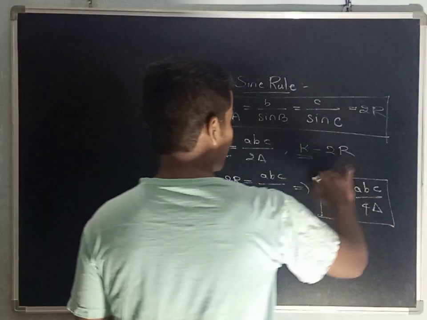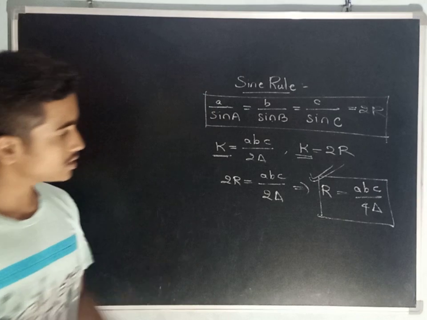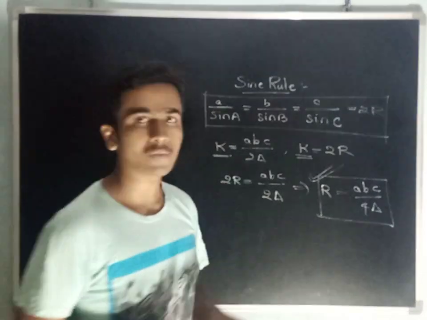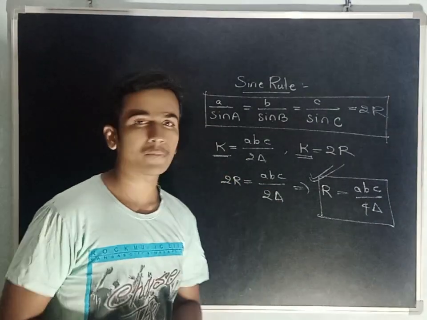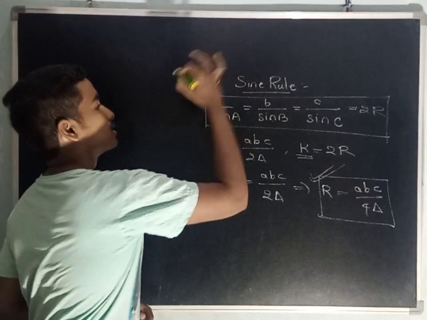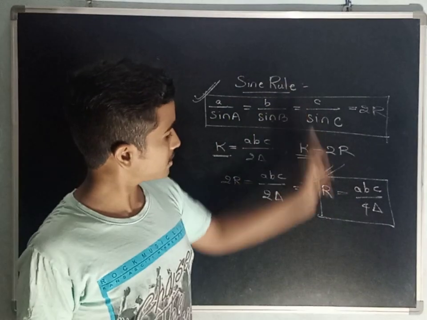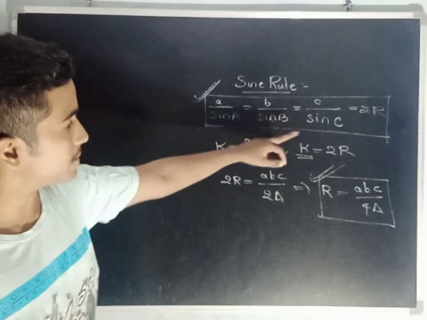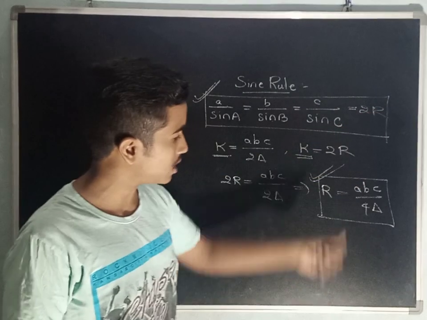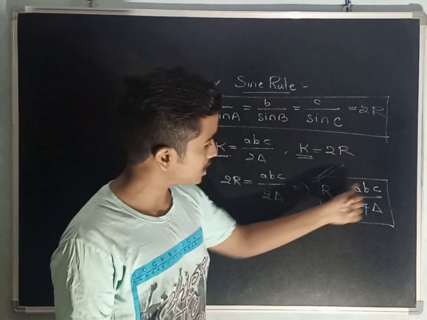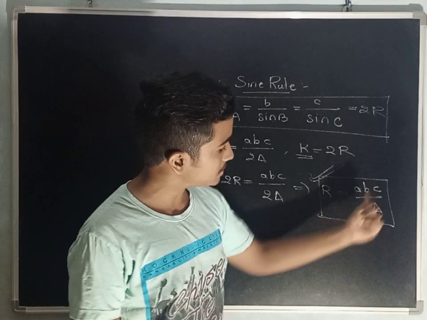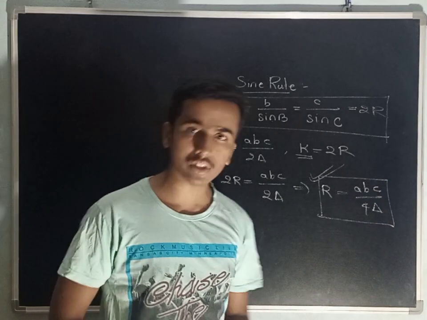This is the new concept that we discussed in the previous video. It's just a small recap. We need to remember these two things: a by sine A is equal to b by sine B is equal to c by sine C is equal to 2R, and the radius of the circumcircle R is equal to abc by 4 delta, where delta is the area of the triangle.